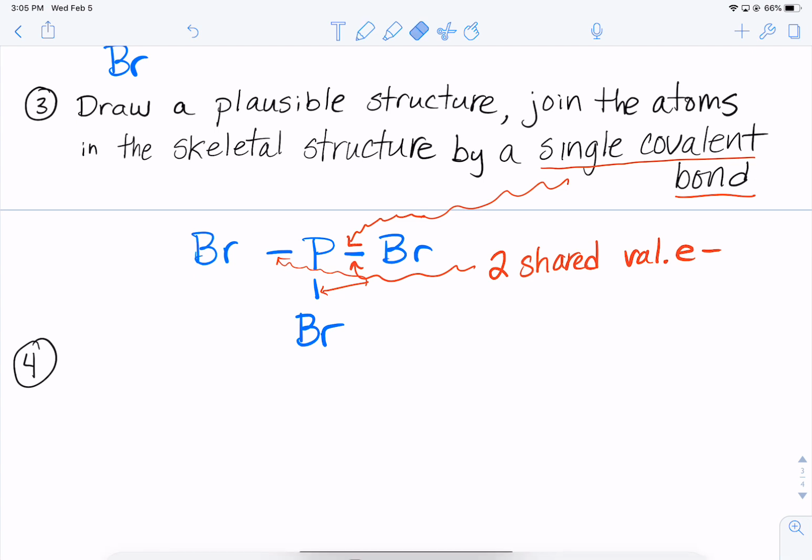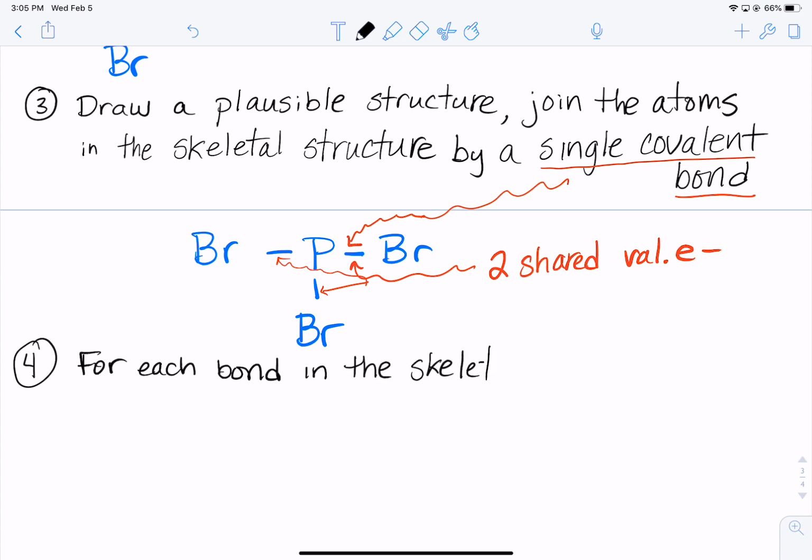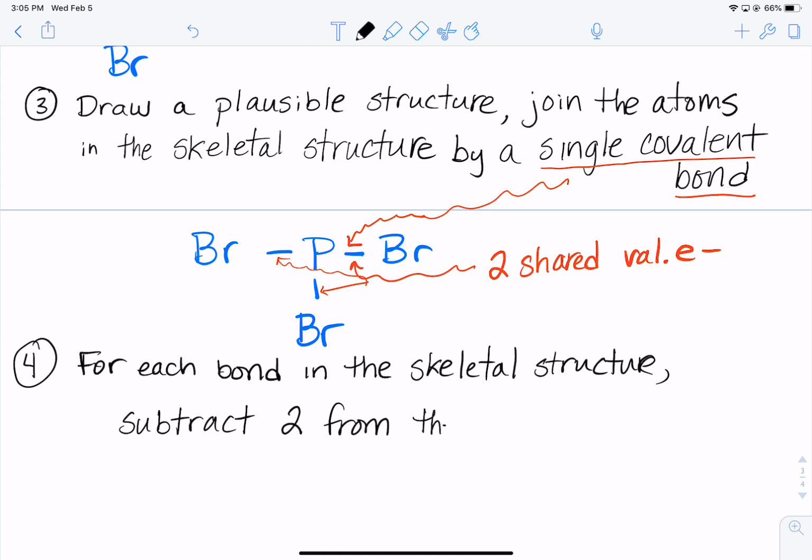For each bond in the skeletal structure, subtract 2 from the total valence electrons.